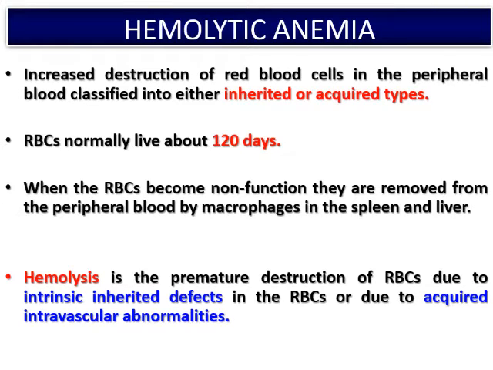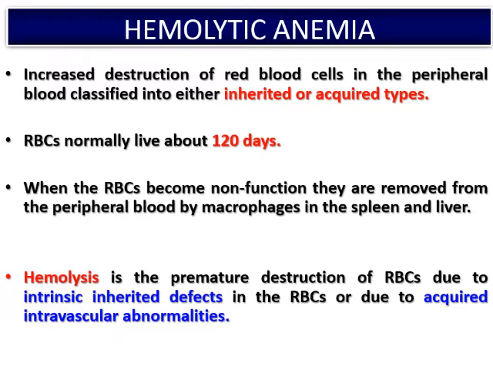When RBCs no longer function and reach the end of their normal lifespan, they will be removed from the peripheral blood by macrophages of the spleen and liver. This is the normal sequence that occurs when red blood cells become non-functional. They will be removed.